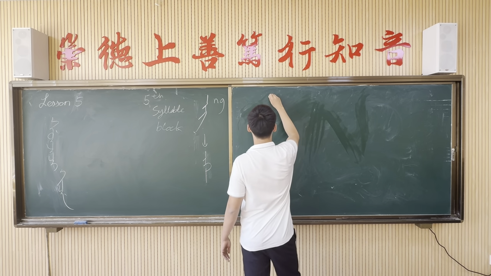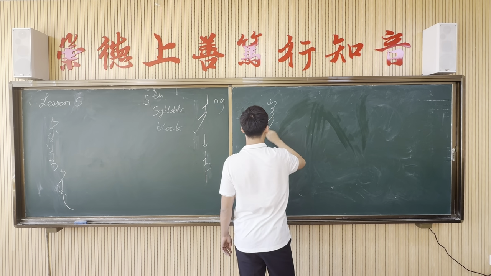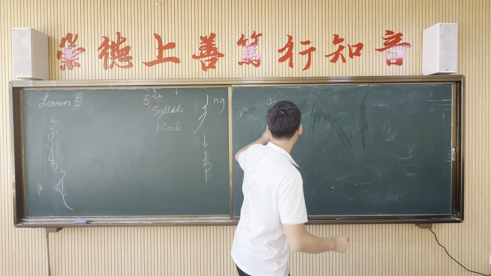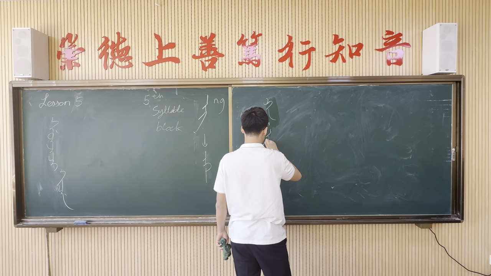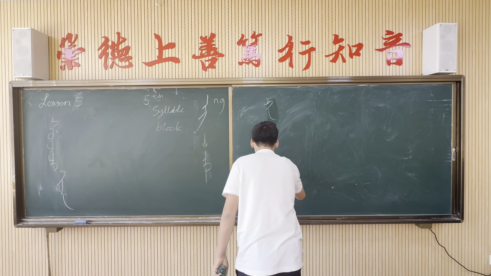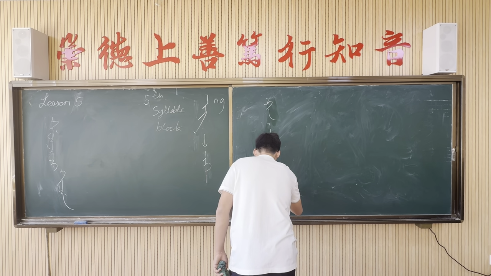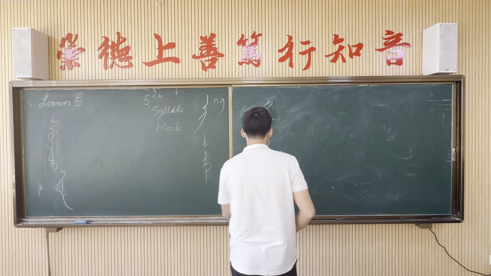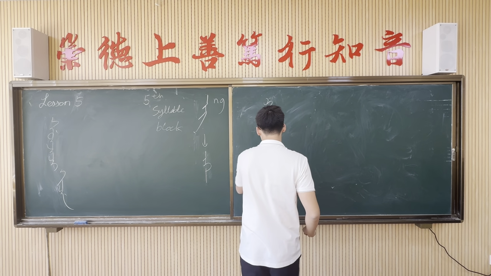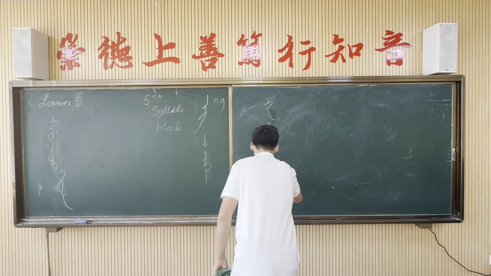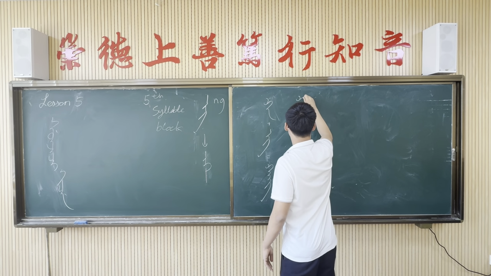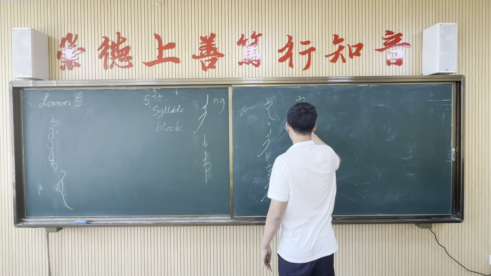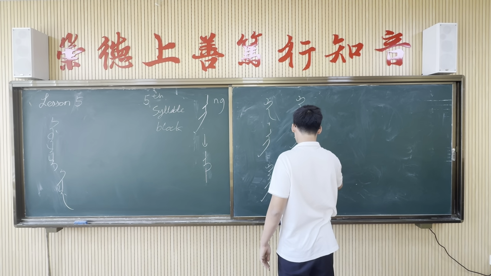Okay, so first we have kang. I forgot to split this up first. So we have ka plus ng equals kang. It seems like I forgot a little tail, so I'm gonna rewrite this. There we go. Kang. Okay, then we have ko. Ko plus ng is kong.